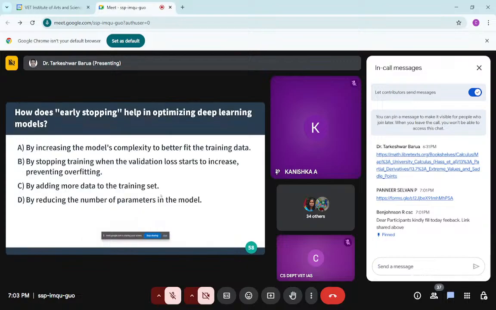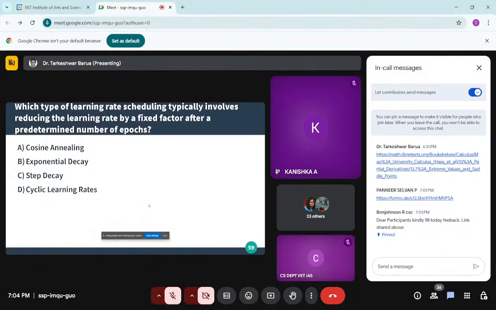How does early stopping help in optimizing deep learning models? We can stop immediately when the validation loss starts to increase, preventing overfitting. Which type of learning rate scheduling involves reducing the learning rate by a fixed factor after a predetermined number of epochs?